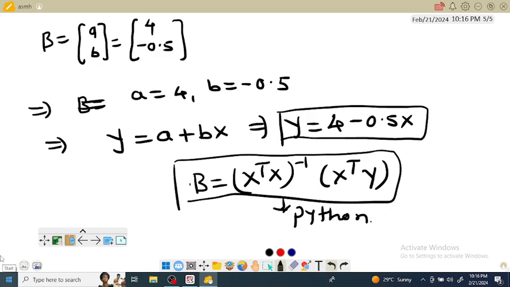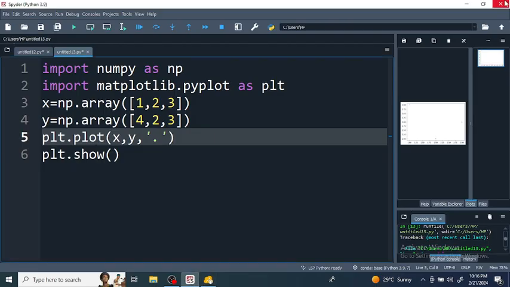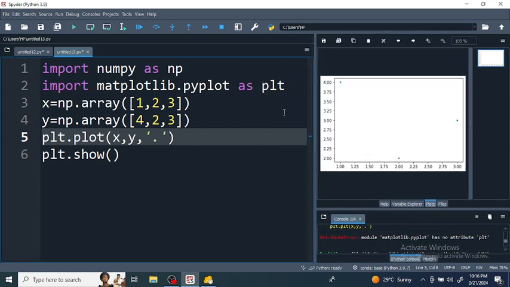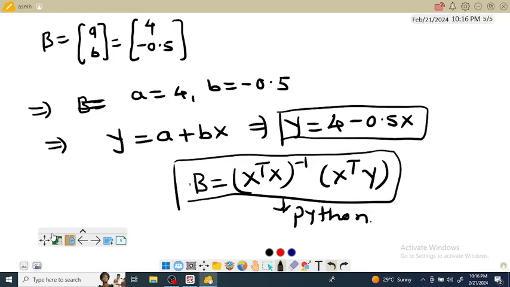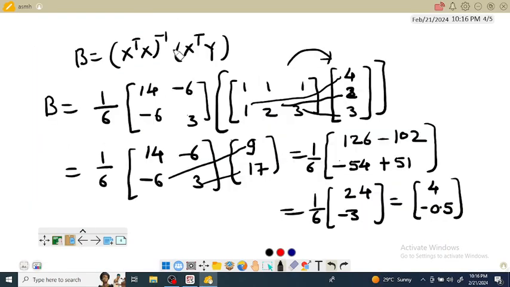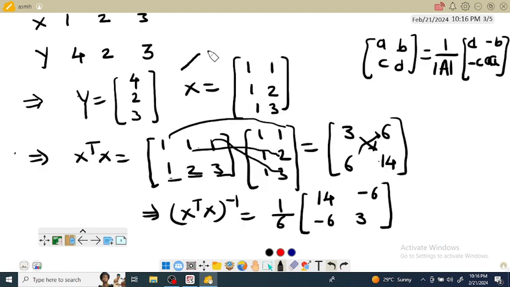Already we plotted the scatter plot here for the given values of x and y. Now next we want to first form the matrix capital X. First we want to add the homogeneous coordinate 1, 1, 1 to X.